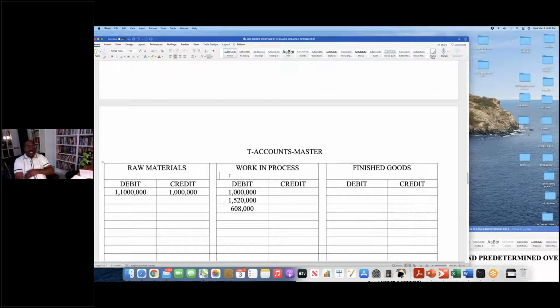So we started planning to make 50,000 books, but we only ended up making 40,000. And so going into finished goods is going to be 40,000 books. These are all quantities up here, and these are dollars down here, of course.